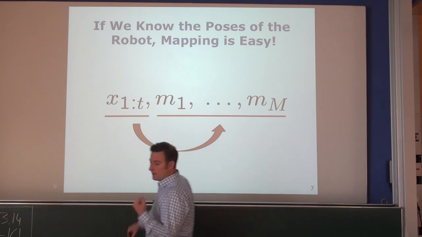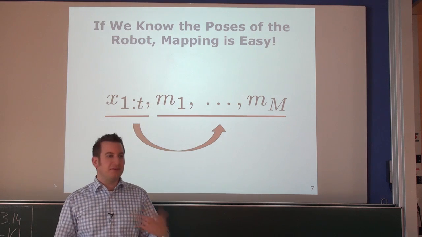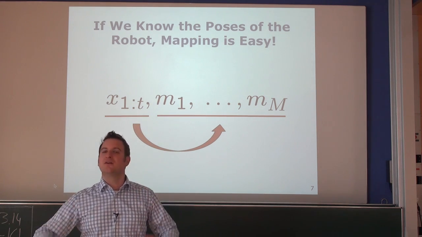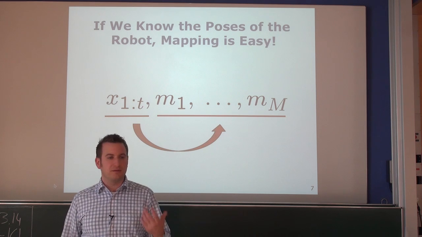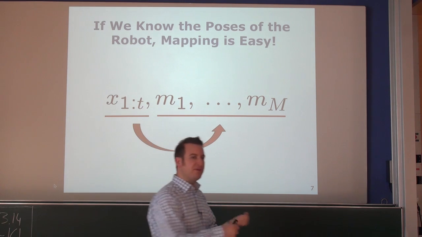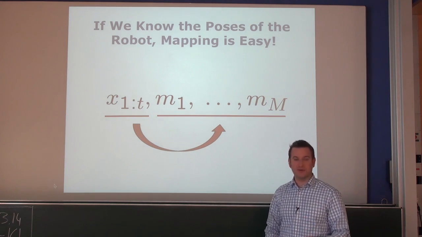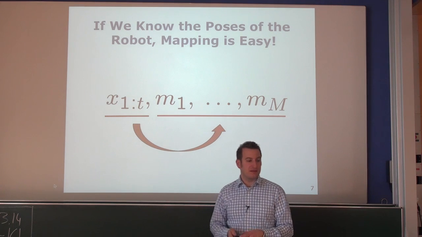If I know where the robot is at every point in time, there is no pose uncertainty, and I can just continuously measure the landmarks and update their belief. There's not this mutual dependency between the pose of the robot and the landmarks. I can simply break that up.